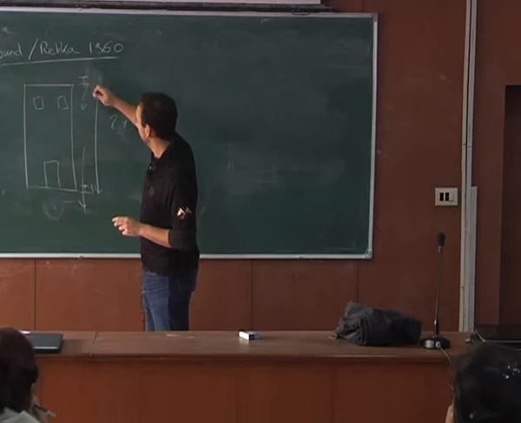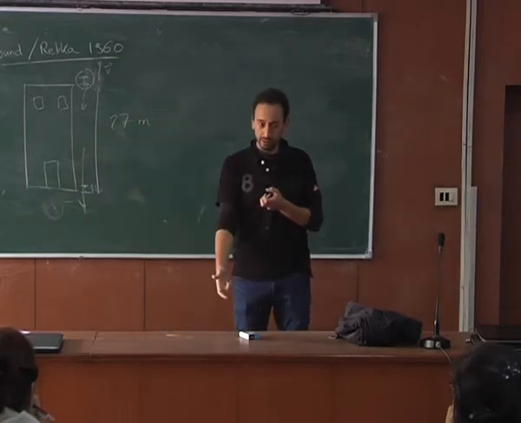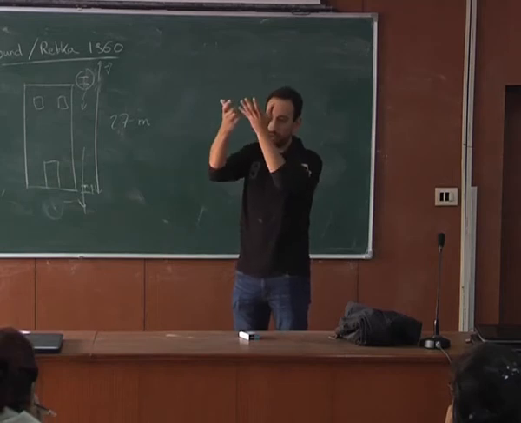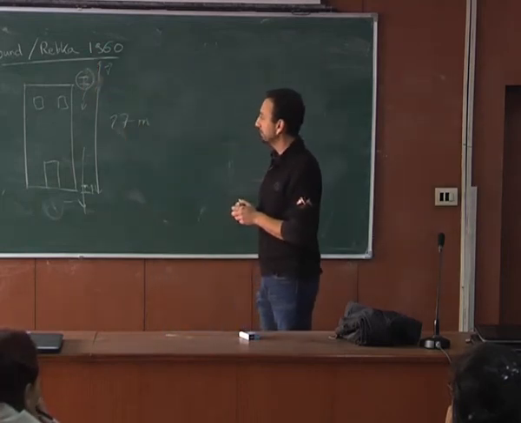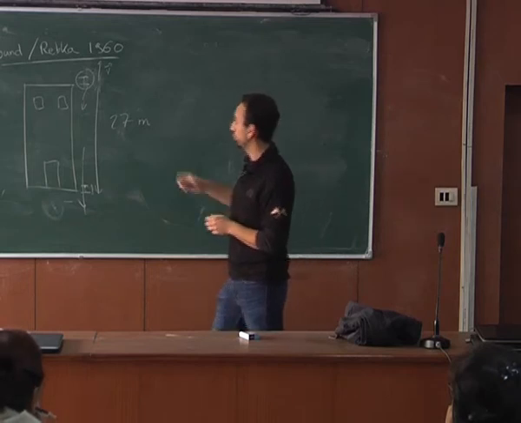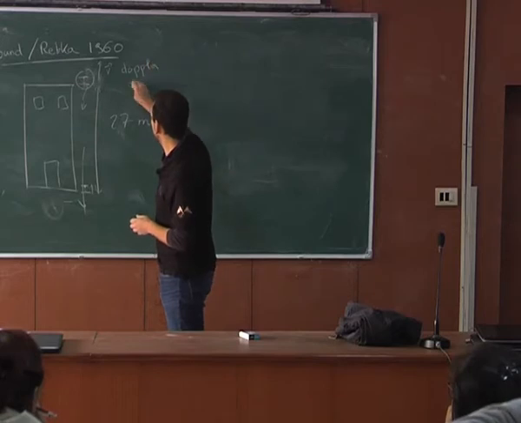So the idea they had, Pound and Rebka, is to produce a velocity in this direction of the emitting system. At the same time that it emits a photon, we move it in this direction, and so you produce a Doppler effect. So you have two effects actually.